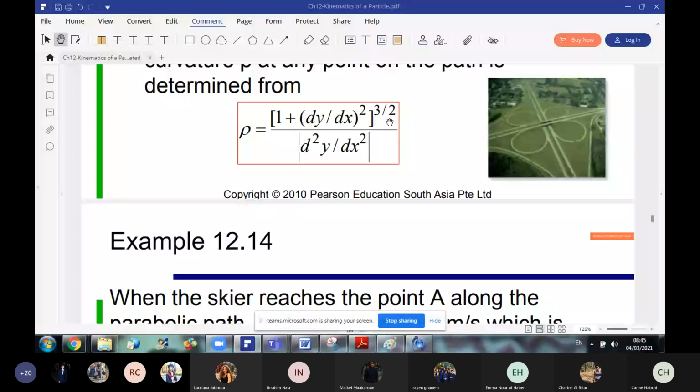Here in this example, we found that dy by dx is x over 10. We are interested in point A, so dy by dx in our problem at A is equal to 10 over 10, which is equal to 1.